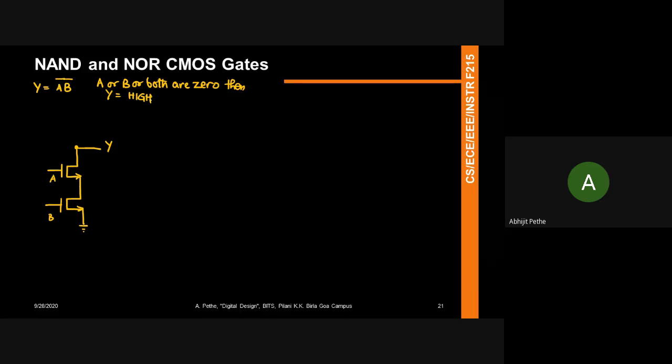So there should be two methods to charge up Y, because I want to ensure that Y goes to 1 independent of whether A is 0 or B is 0. So to charge up Y, I need an OR connection. When A is 0 or B is 0, one of these PMOS transistors is going to be turned on, which is going to pull Y to 1.